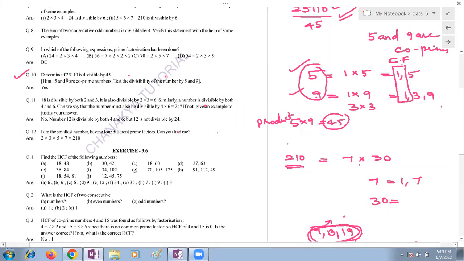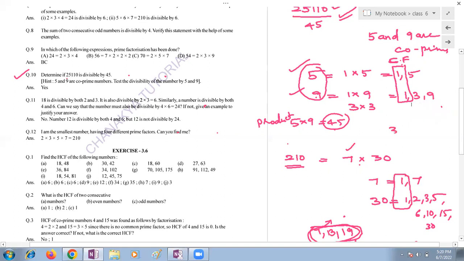The factors of 30 are 1, 2, 3, 5, 6, 10, 15, 30. What is the common factor here? 1. You know the 7 rule, but you don't know the 30 rule.